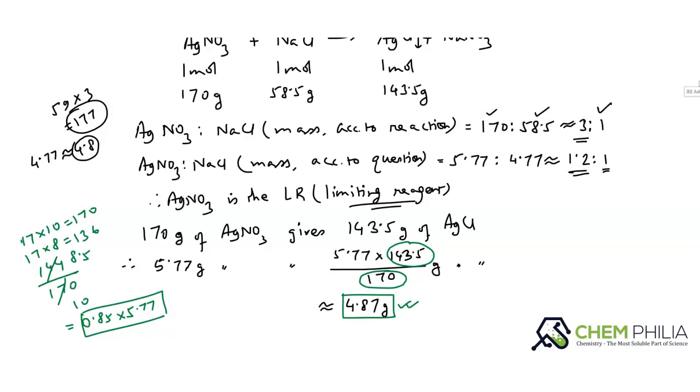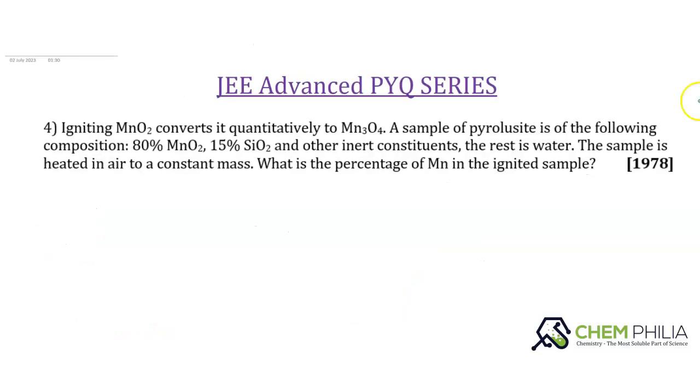So let us come to the next question. The next question is: igniting MnO2 converts it quantitatively to Mn3O4. A sample of pyrolusite, remember, it's an ore of manganese, is of the following composition: 80% manganese dioxide, 15% silica, meaning silicon dioxide, and other inert constituents.